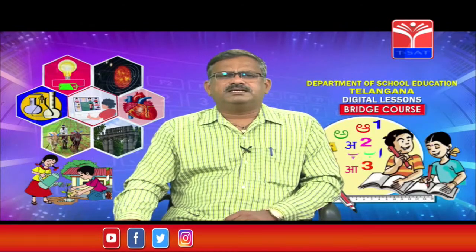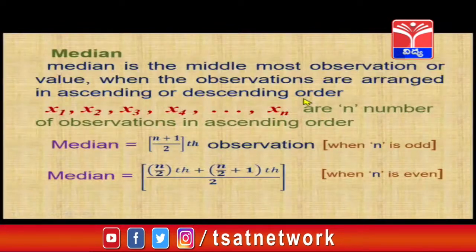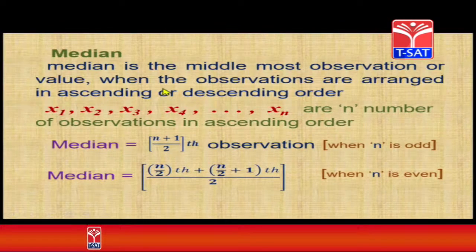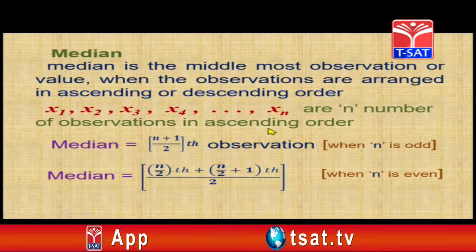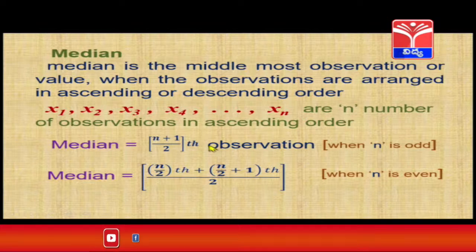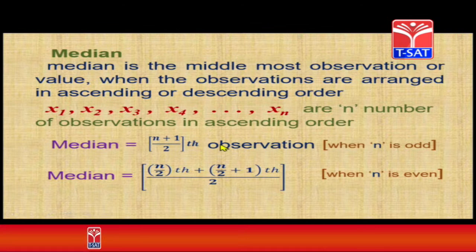Suppose there are x1, x2 and so on observations in the data. Now, in these cases if you want to find the median, how do you find it? Here you do not know the value of n. So, if you do not know the value of n, what to do? Here we have two methods to find the median. The first method is, when n is odd, you will find only one observation in the middle.